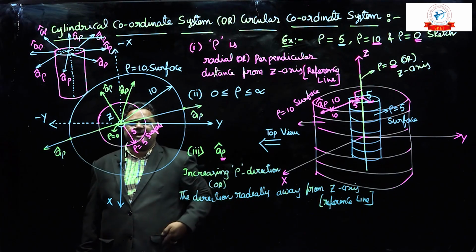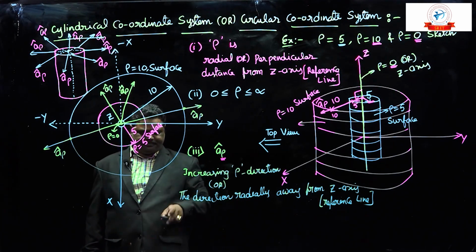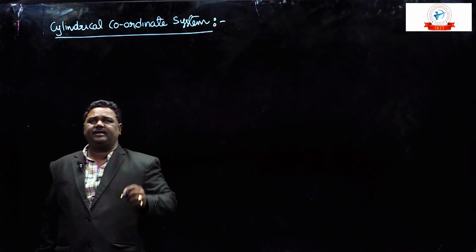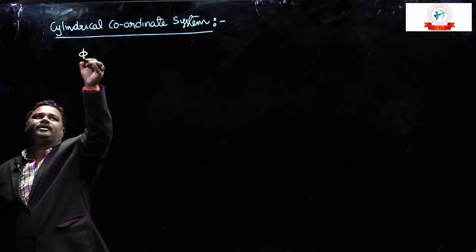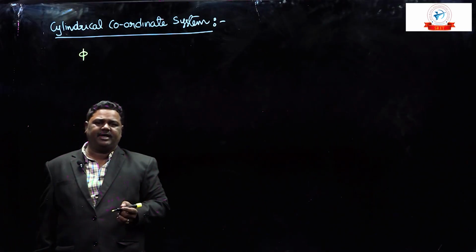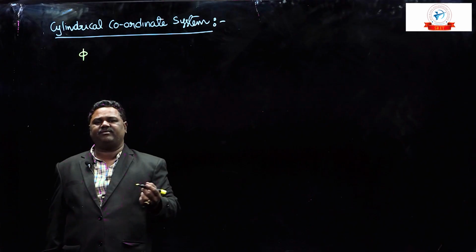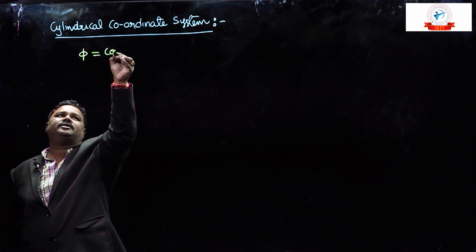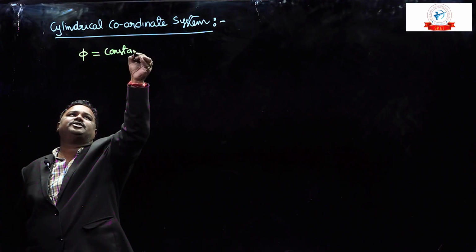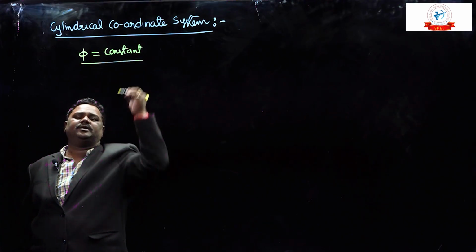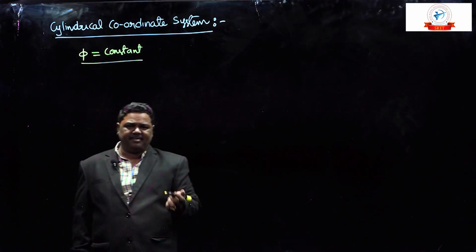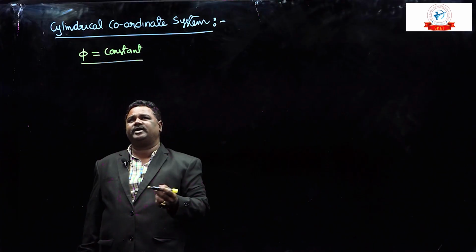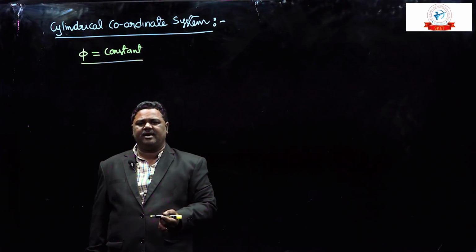Now let us see what is meant by the phi coordinate. Consider the next coordinate, phi. To understand it, first let me explain what is meant by phi is equal to constant. Already we know that in any 3-dimensional coordinate system, one coordinate constant represents a plane or surface.